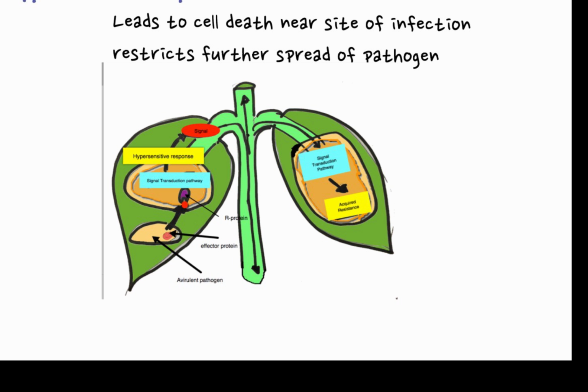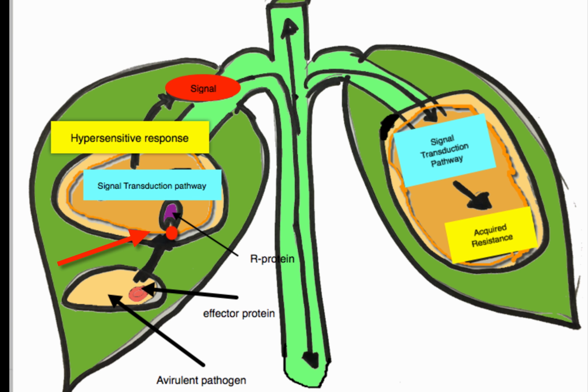Here's how this happens. The pathogen's effector proteins bind to a specific plant R protein. This triggers a signal transduction pathway. The plant cells release antimicrobial molecules and seal off the infected areas by modifying their cell walls. The cells then destroy themselves, producing lesions on the leaf.